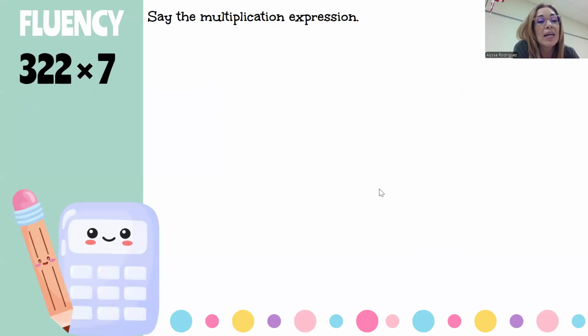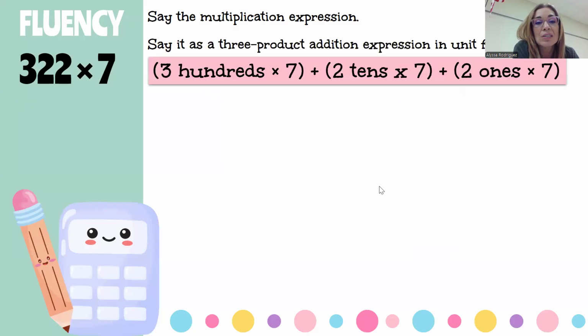Yay, moving on. Okay, 327 times 7. So that's the expanded notation to it. Go ahead and work this problem out on your board, and let's hope the answer is correct.